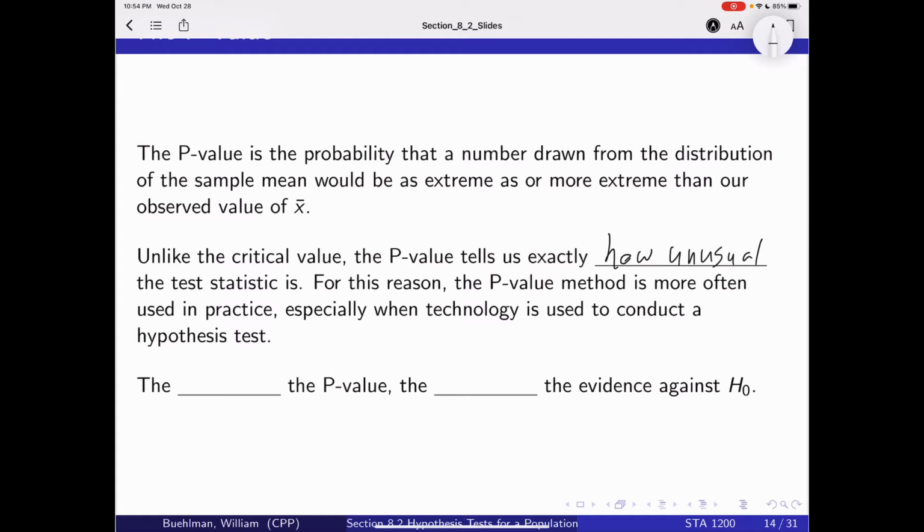For this reason, the p-value method is more often used in practice, especially when technology is used to conduct a hypothesis test. The smaller the p-value, the stronger the evidence is against H0. So a smaller p-value shows more evidence against the null hypothesis.